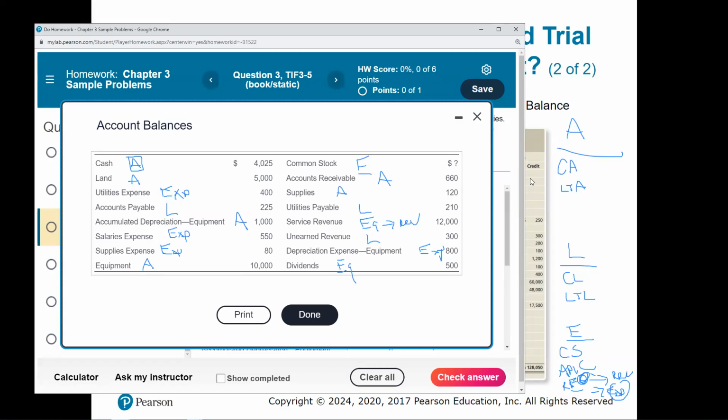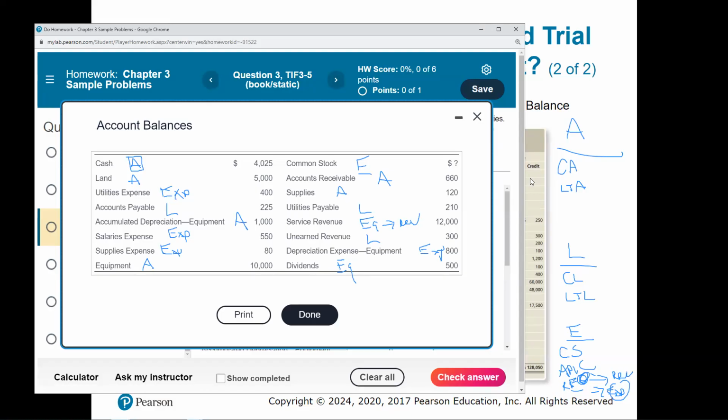And then liabilities, we've got accounts payable, utilities payable, unearned revenue. All three of those are current, but accounts payable typically gets listed first. And then utilities payable would be just a hair behind that, just because accounts payable is more general, so we put that first.